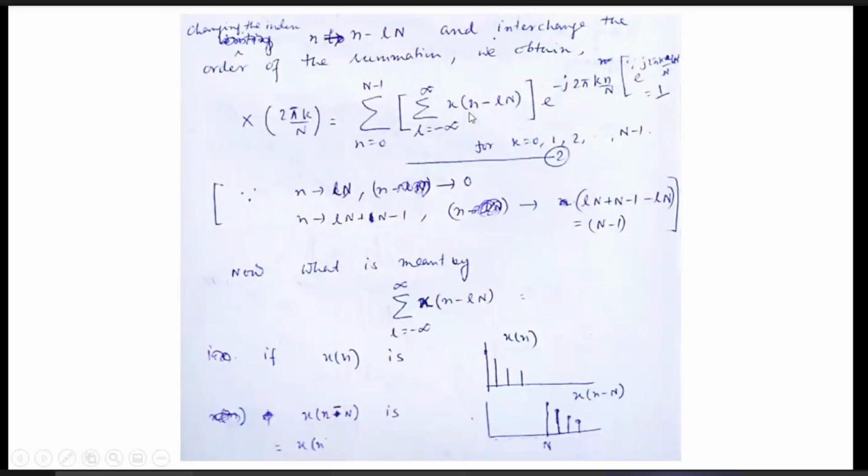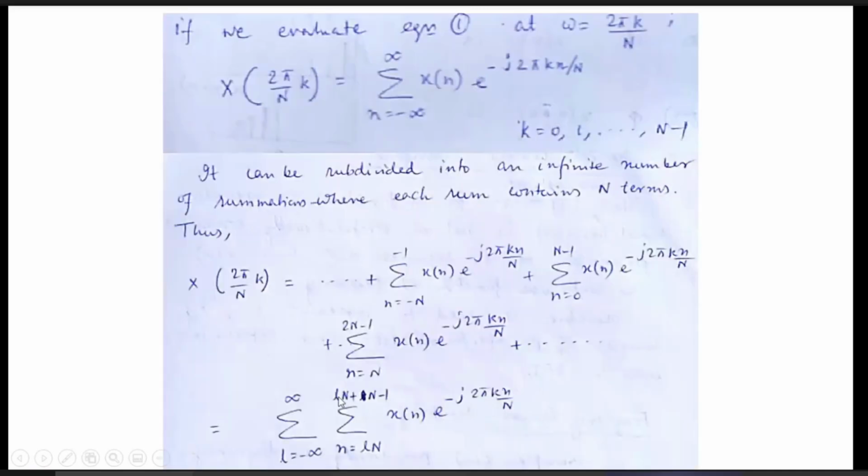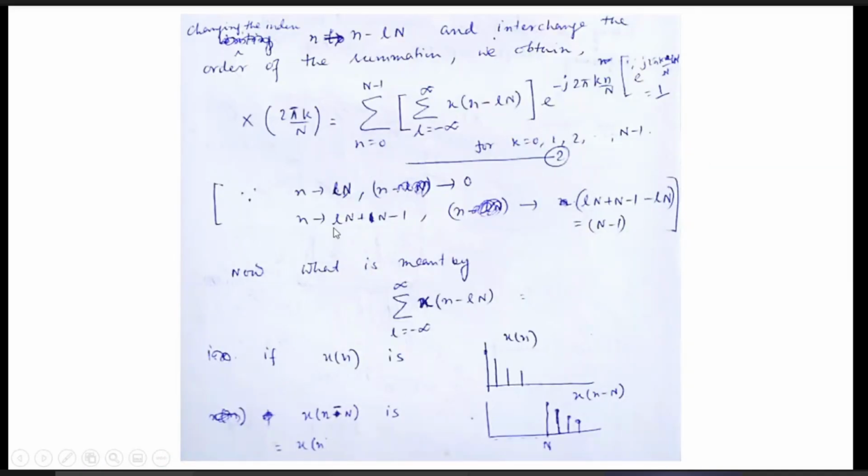Now we put the limit. If n tends to ln, then n tends to 0, and if n tends to ln plus n minus 1, that is the last limit, the upper limit, then n tends to n minus 1.